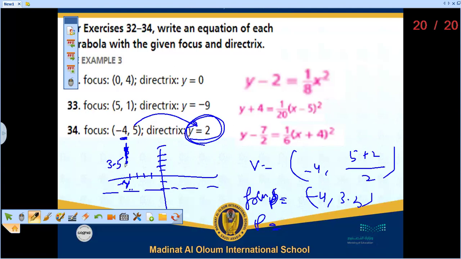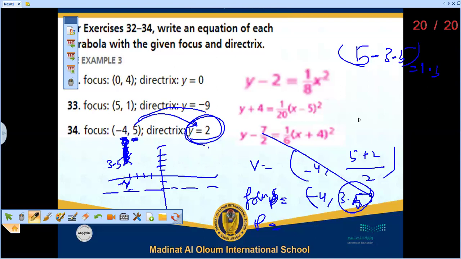It means I must graph to get the focal length, because it's from the vertex, from 3.5, until I reach the focus. So it's 5 minus 3.5, not minus the directrix. 5 minus 3.5 is 1.5. This is p. Then I'll put p, it would be 1 over 6.